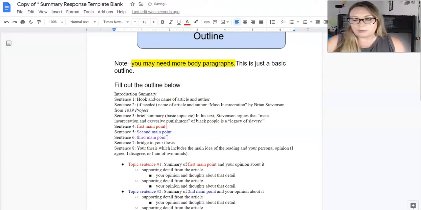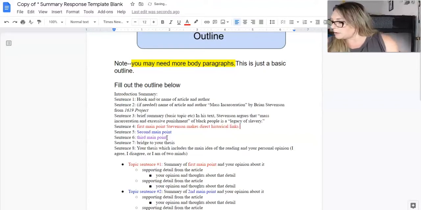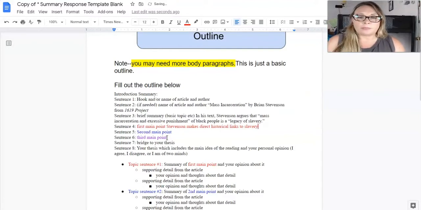One of his first main points is that he makes some direct historical links, Stevenson makes direct historical links to slavery, or actually probably from slavery.